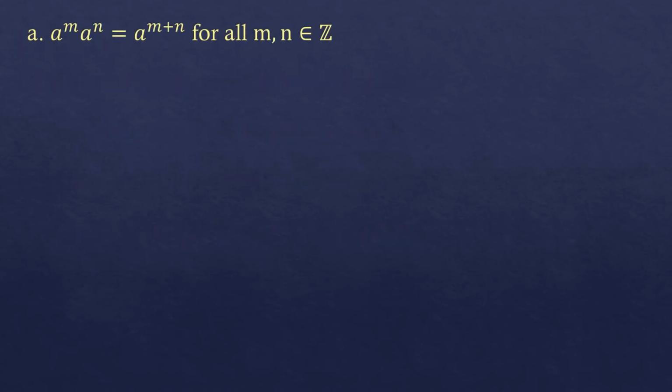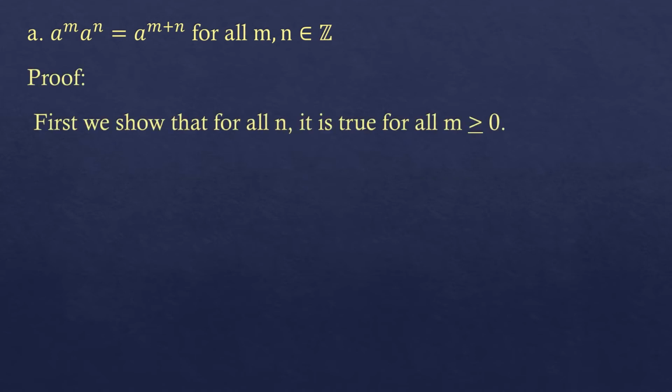So we are going to prove the first statement, that a to the power of m times a to the power of n is equal to a to the power of m plus n for all m and n elements of integers. So here's the proof. First we show that for all n, it is true for all m greater than or equal to 0.